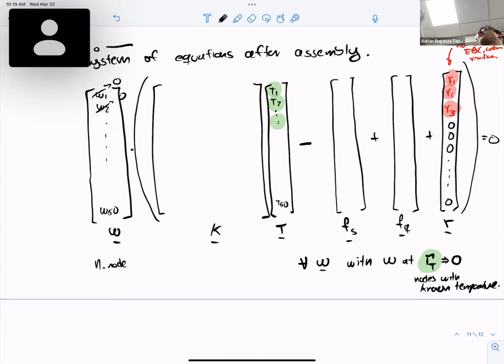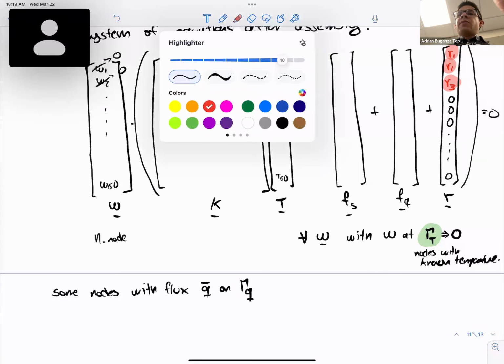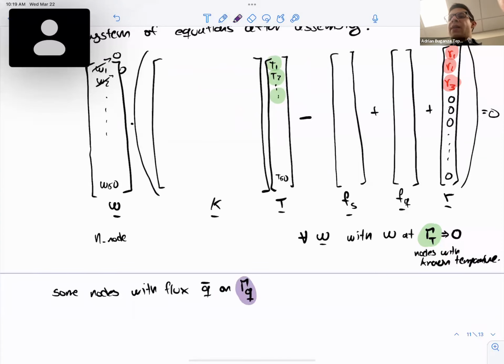And then there's a bunch of internal nodes, and then there are some nodes with flux boundary condition. Let me use purple for that. These don't matter where they appear, but there are going to be some nodes that will have a known flux. So for those, we need to add the flux.